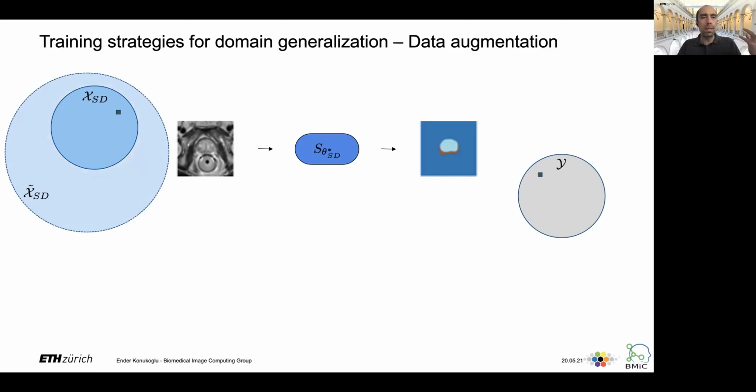So now one strategy is to do data augmentation. By that, I mean when I train this algorithm, I try to transform the images by random intensity transformations and random geometric transformations, such that I artificially expand the space.